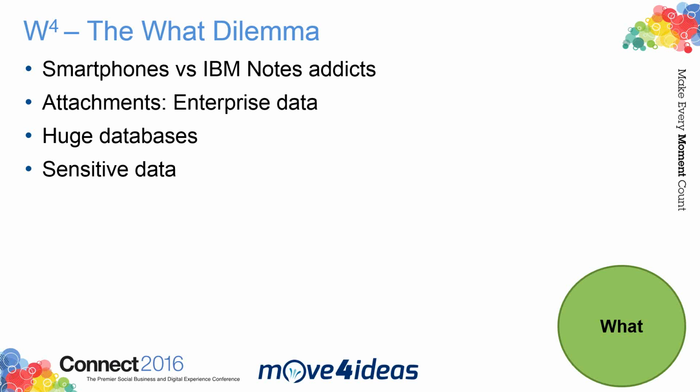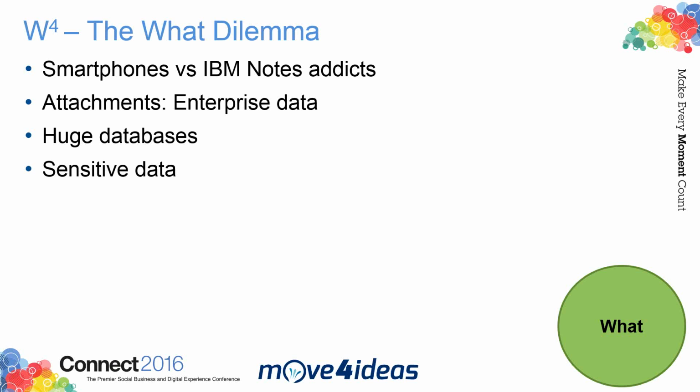So the second point was the what dilemma, right? What to migrate. So smartphones versus IBM Notes addicts. Smartphones will probably be easier to migrate to the new platform because they're accustomed to Traveler, so they will see IBM Verse like another application they already use with Traveler on-premise.